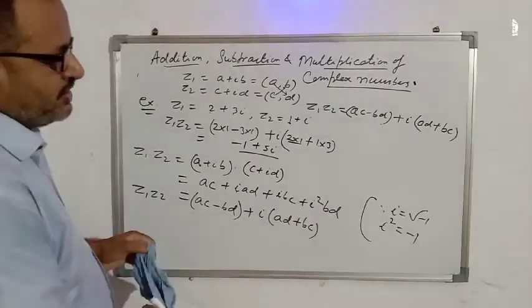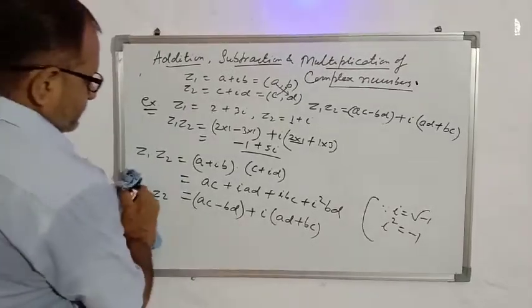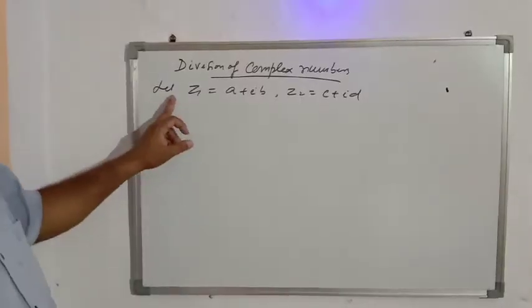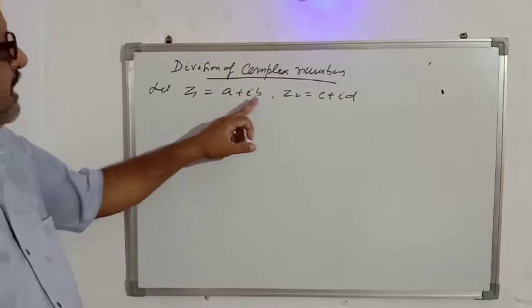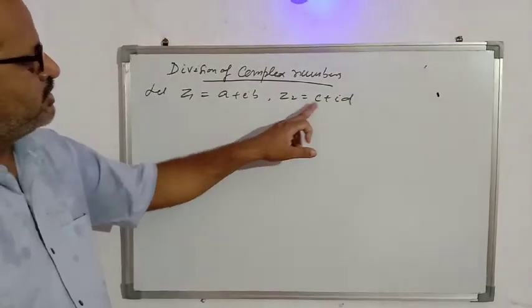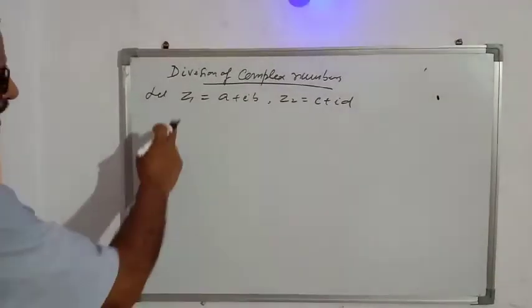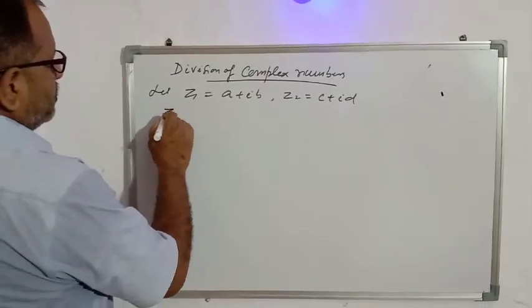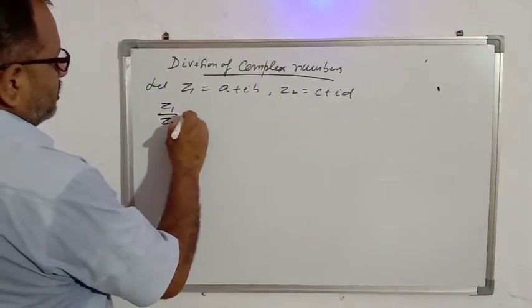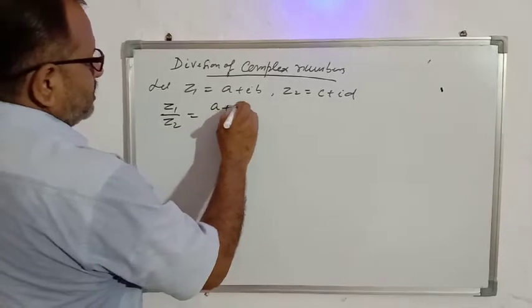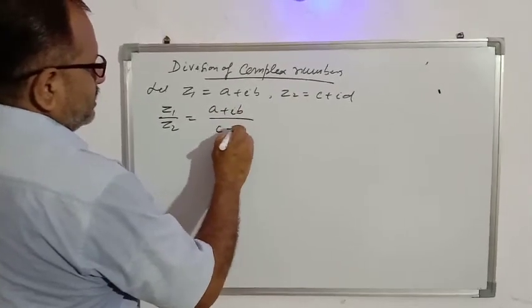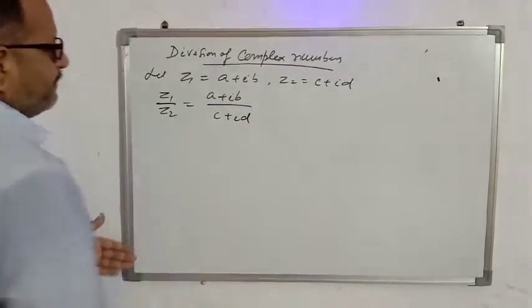Now we will see the division of complex numbers. Let one complex number be Z1, a plus ib, another Z2, c plus id. We have to divide Z1 by Z2. So Z1 upon Z2. Firstly we will write a plus ib divided by c plus id.